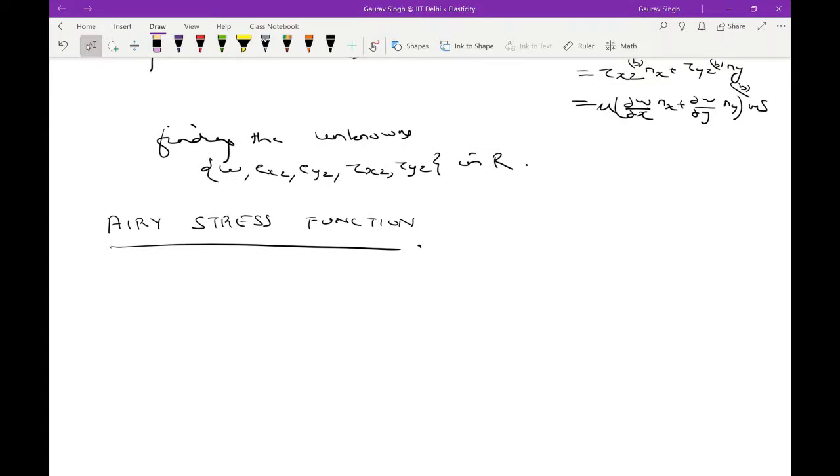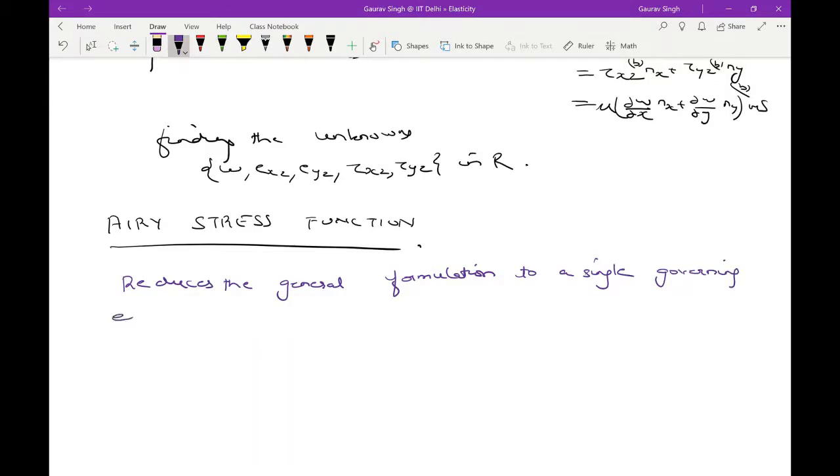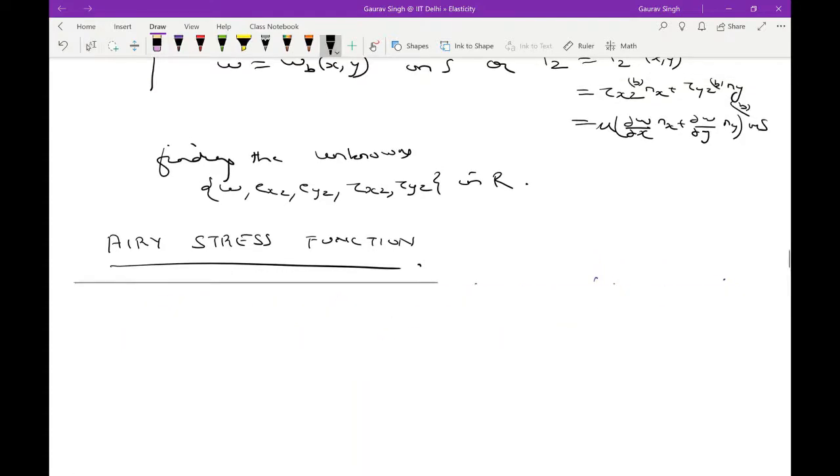What the Airy stress function does is it reduces the general formulation to a single governing equation in terms of a single unknown, and that unknown is called the stress function. We'll see how that works.